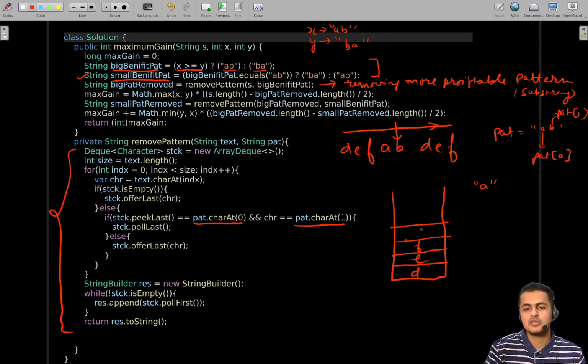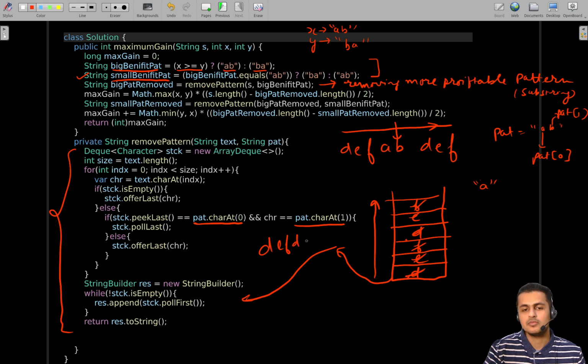the rest of the string, so you will be pushing them, DEF, and then you will simply know that your string is this way up. So this will be behaving as a queue now. While this will be behaving as a queue, we will be getting D, then E, F, in this way.